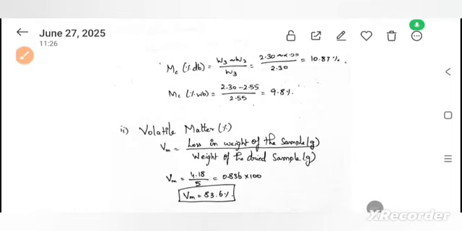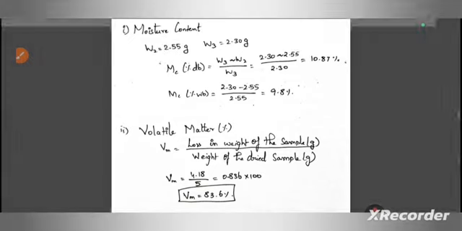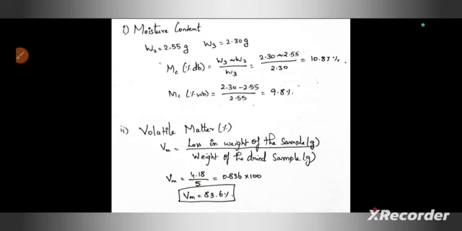In the calculation part, we are going to find out the moisture content of the given biomass material. Initially we weigh the given sample, which is around 2.30 gram. After keeping it in a hot air oven for 1 hour at 105 degrees Celsius, we get the weight of the same sample as around 2.55 gram.